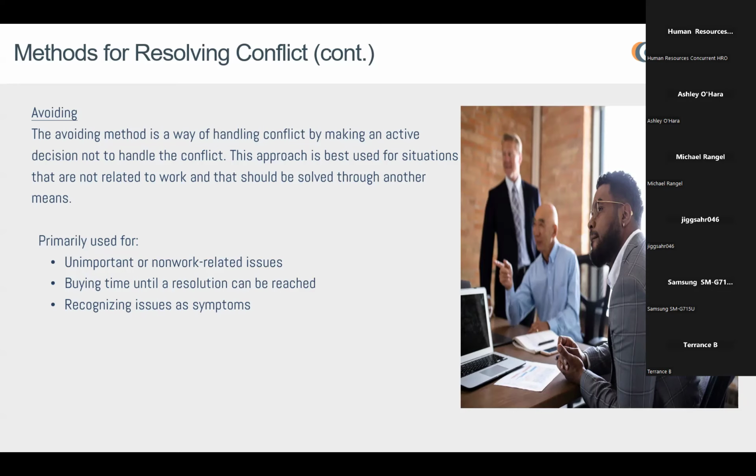Again, unimportant or non-work related issues. In HR, a lot of times we advise clients to sit the employee down and say, take this outside. As in, this should not occur on company property. This has nothing to do with your productivity, with your job description. The attention you are giving this is inappropriate.